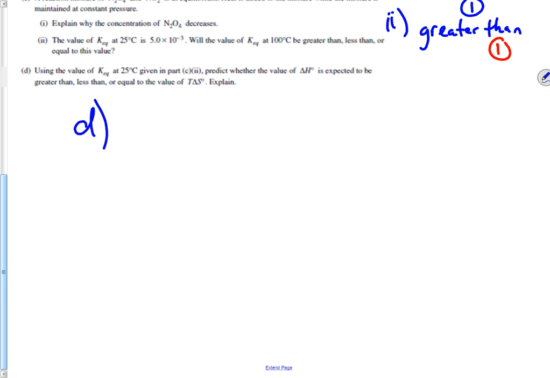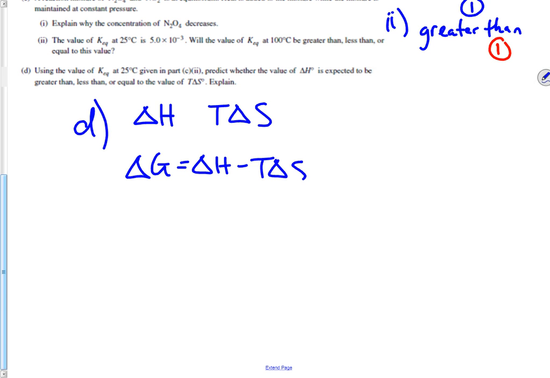So, guys, the fact that they talk about this and they talk about this, what are they pushing you towards? Okay, let's talk about that. So I can figure out this problem in the fact that they're trying to slowly break it down for me. What the question is, predict whether the value of this is expected to be greater or less than this.